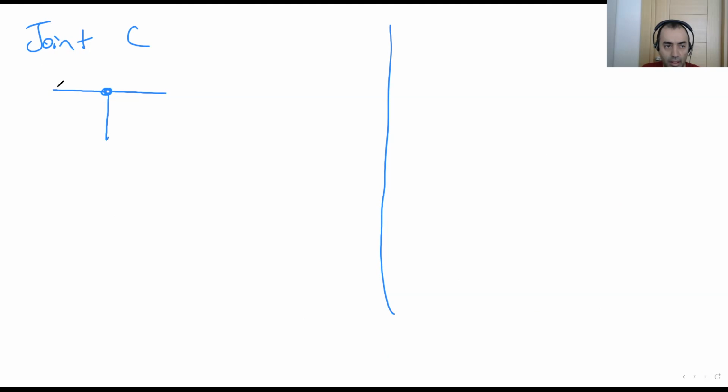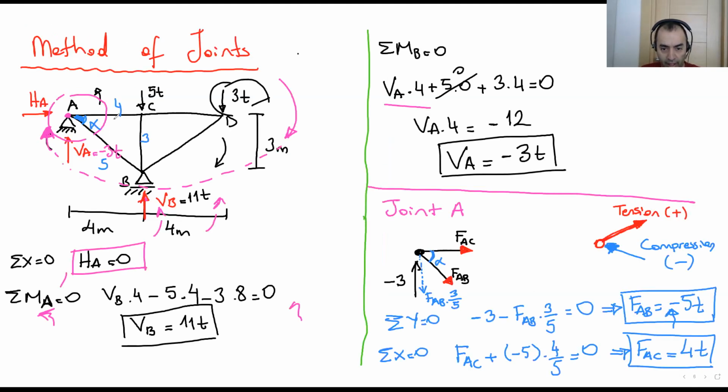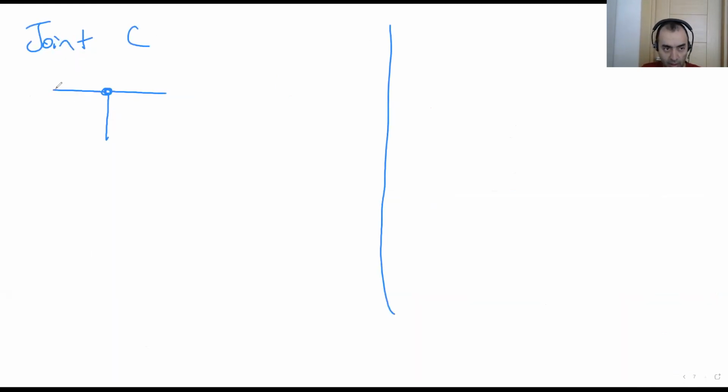Okay, I know this force, FAC. What is FAC? 4 ton. It's positive. It's tension. Tension means goes out from the joint. We don't know the other ones, this one and this one. If we don't know them, we accept they are tension, going out from the joint.